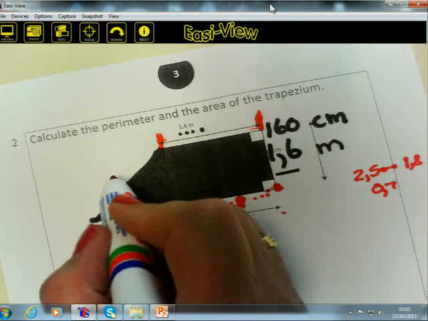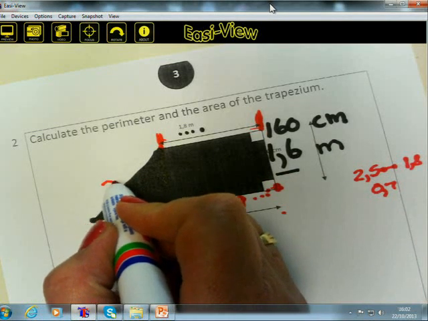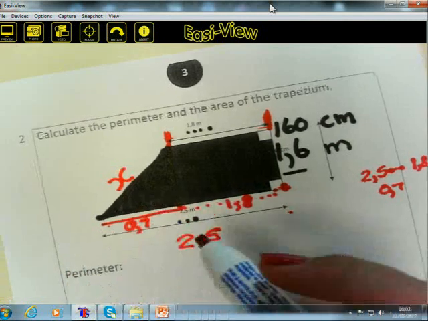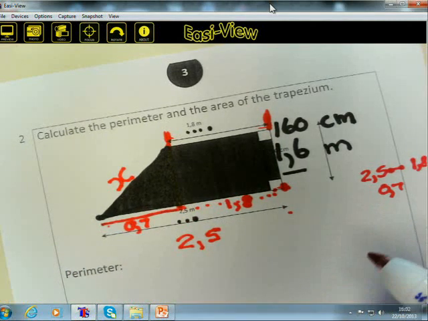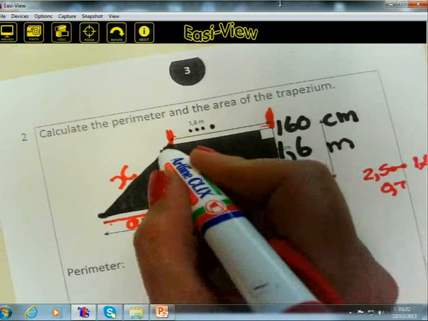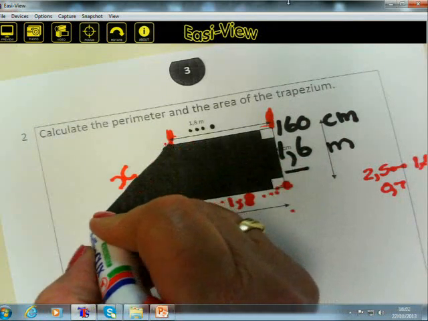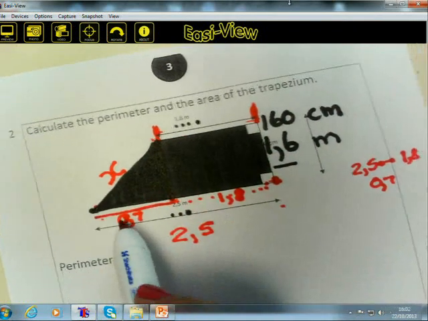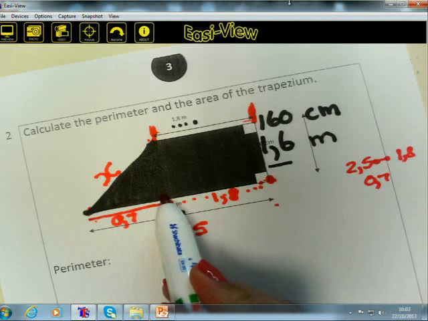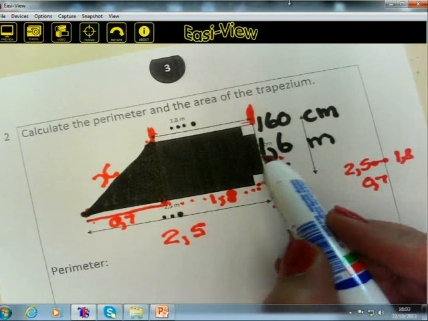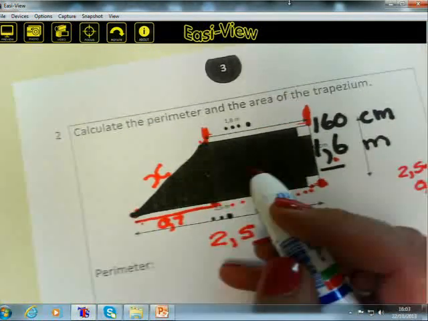Now how will we determine this side? Let's call it X, or call it A, or call it hypotenuse, anything that you want to. If I want to calculate what is the length of this side, I know that this is 0,7 and that one is 1,6, so this is also 1,6.